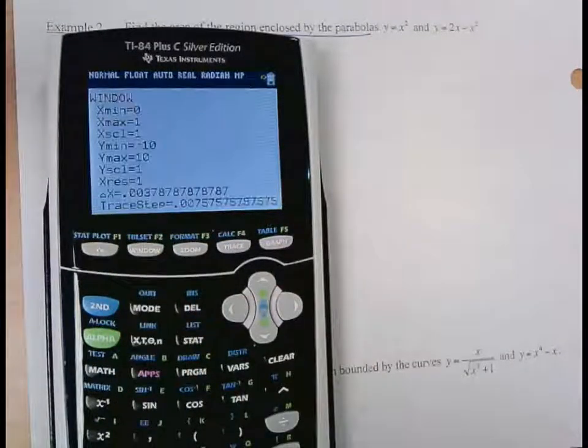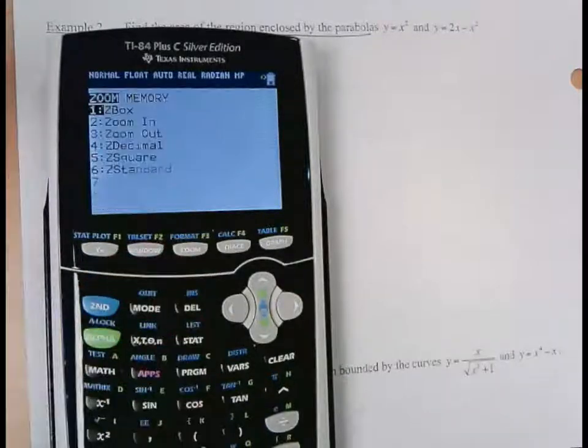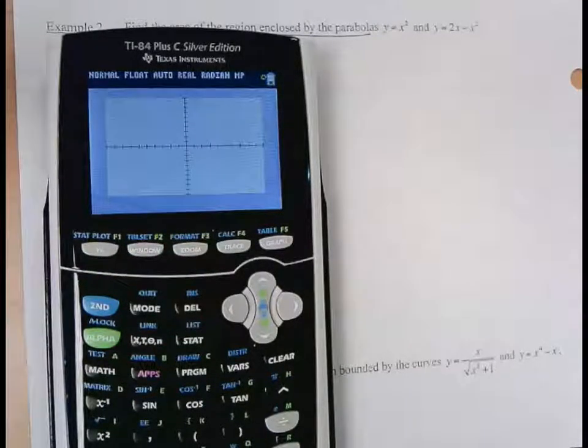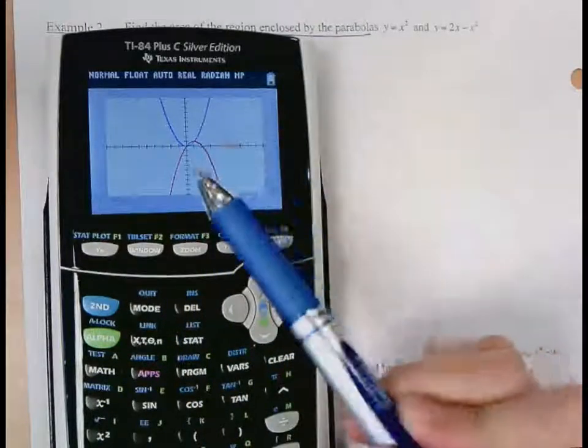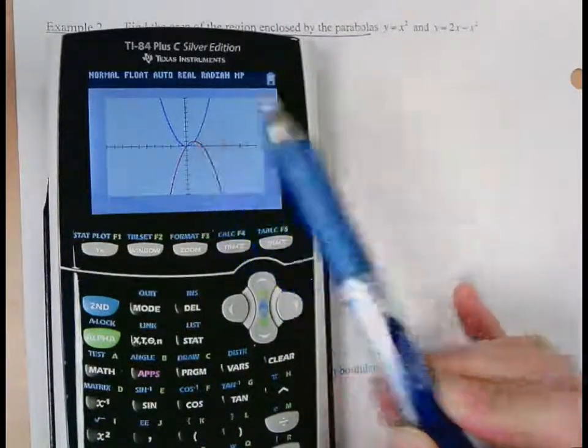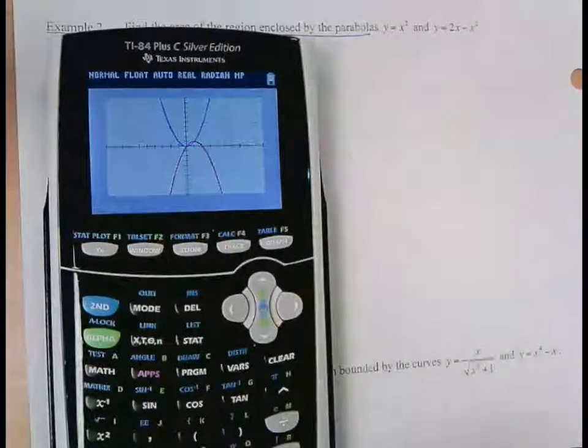I'm just going to change my window to the standard window. So if you're in the standard window, the region is very small, but you can see that they do intersect twice, and you're finding the region that's enclosed by the 2.